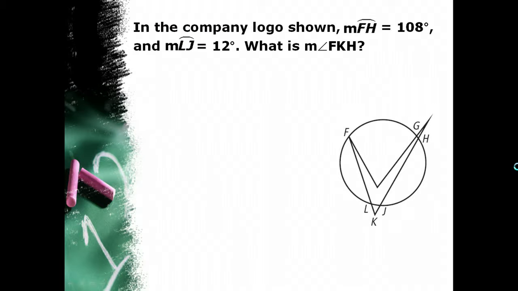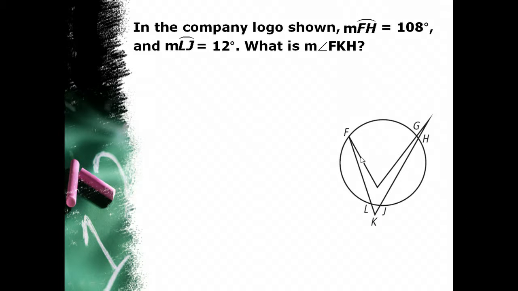This would be an application, much like what you'll see on an EOC. In the company logo shown, the measure of arc FH is 108 degrees. The measure of LJ is 12.